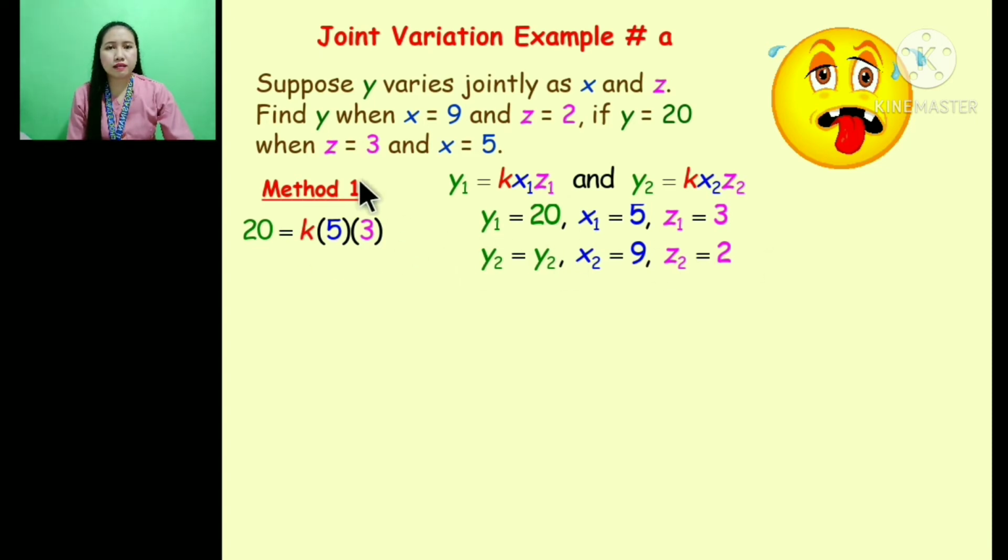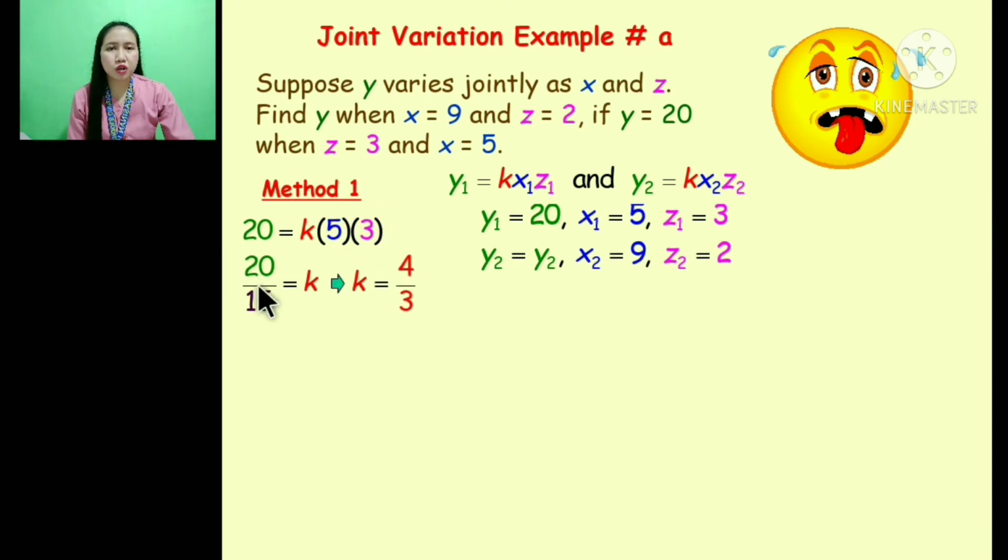Okay, so let's simplify first this side. K times 5 times 3, and that is 15 or 15k. Divide both sides by 15. This will be now the outcome: 20 divided by 15, which is the k.